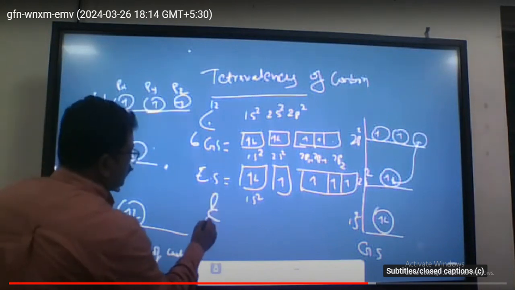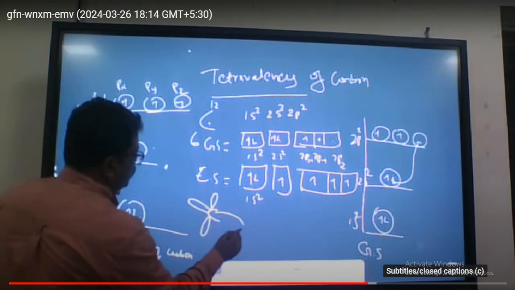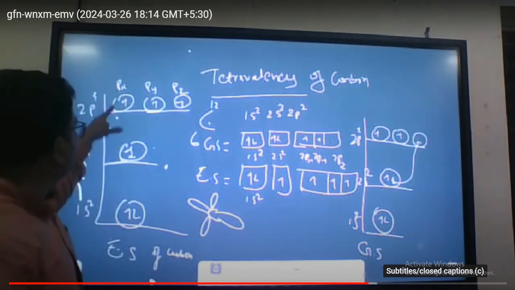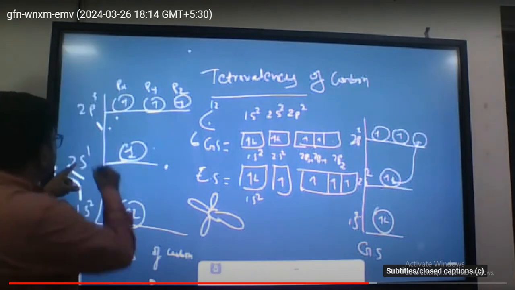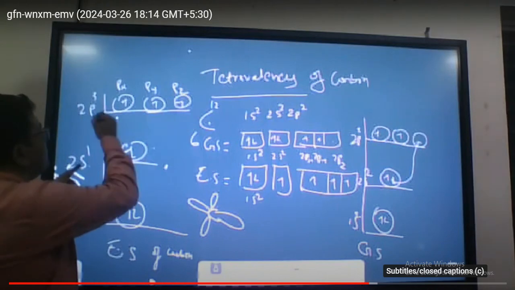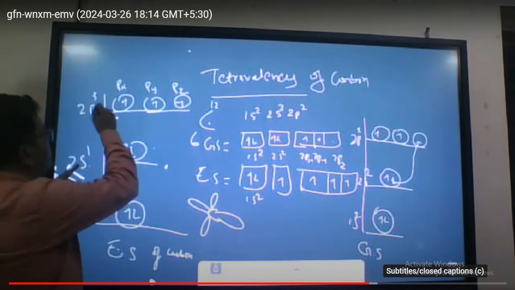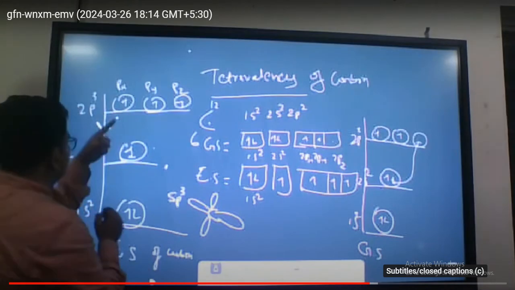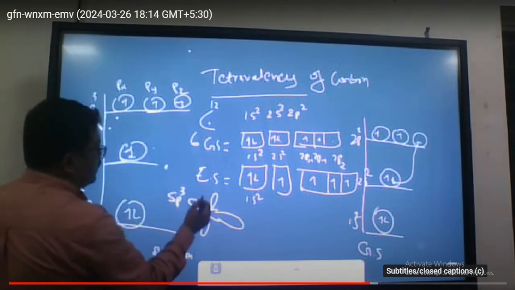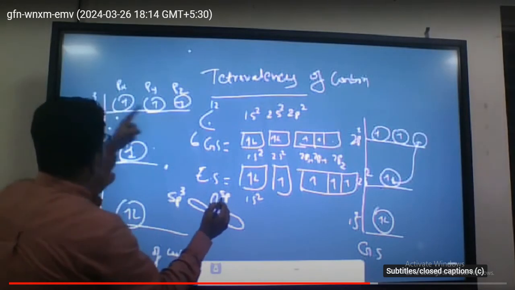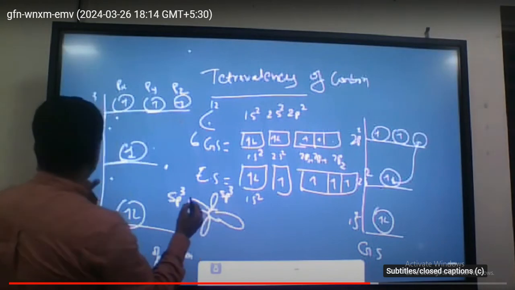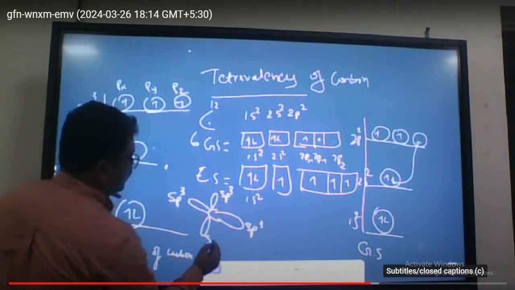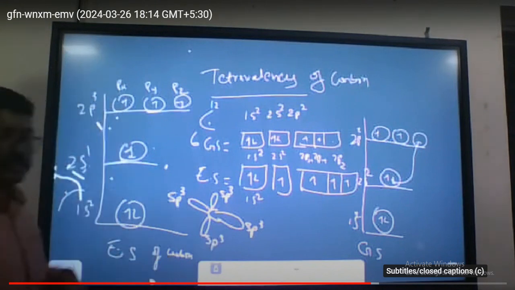One s and the remaining 3 p's are mixed, so we call it sp3. There are 4 of them. These are all sp3 hybrid orbitals.